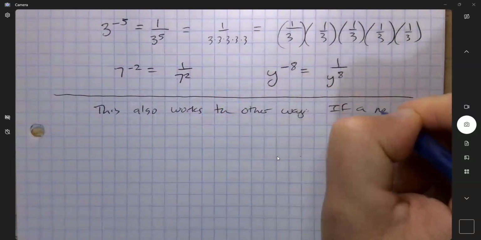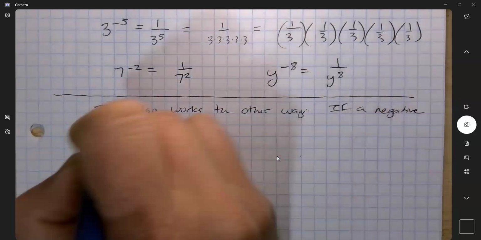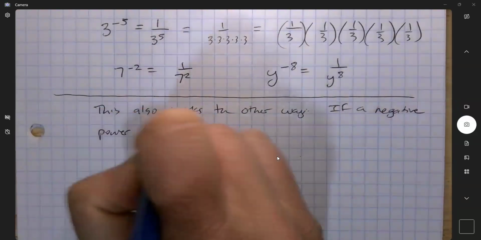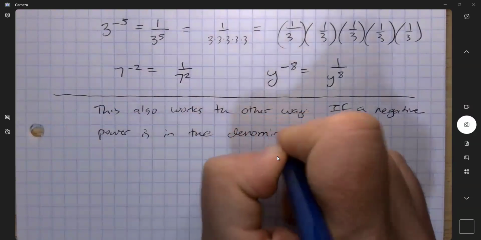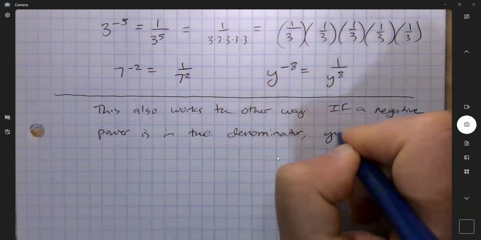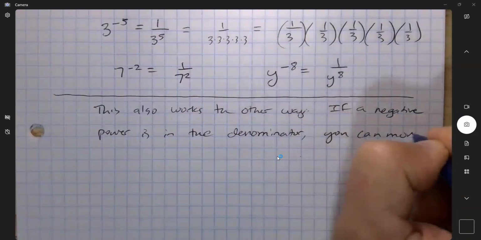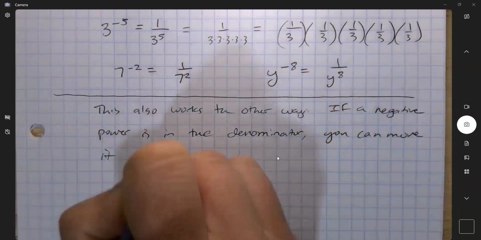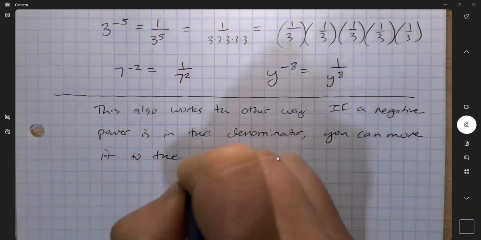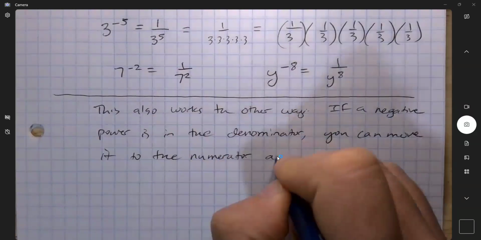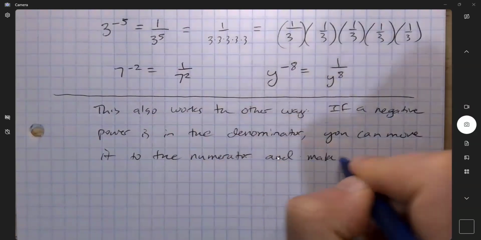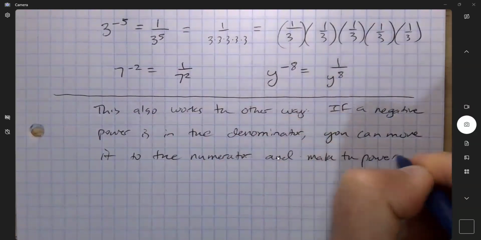If a negative power is in the bottom of a fraction, which we call the denominator, you can move it to the top of the fraction, which we call the numerator, and make the power positive.